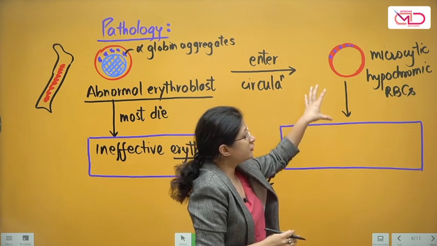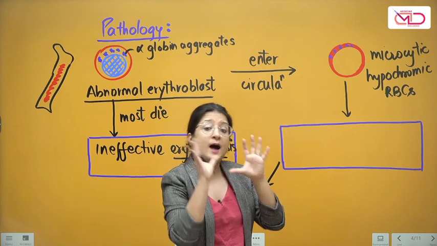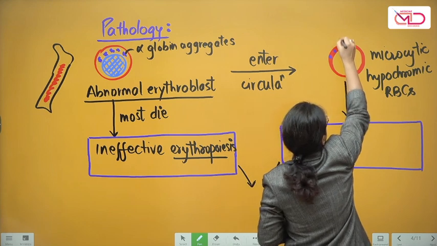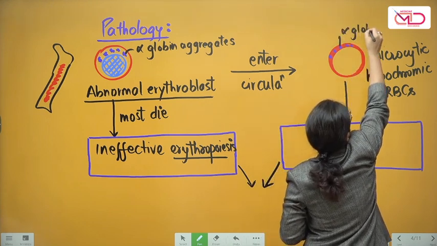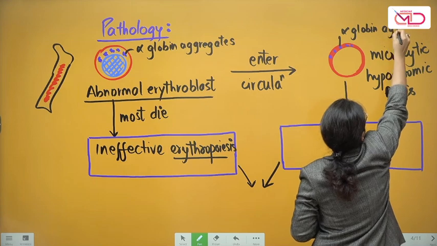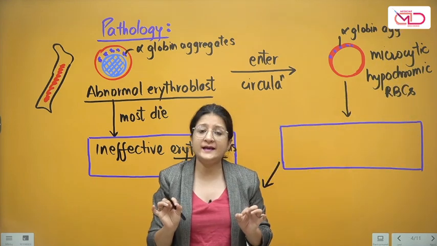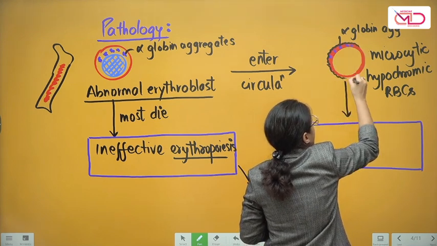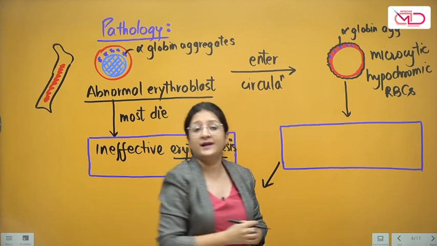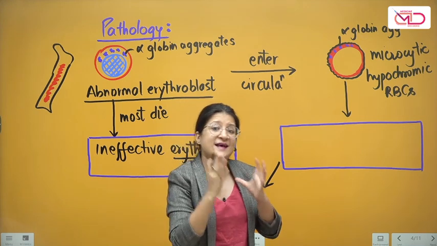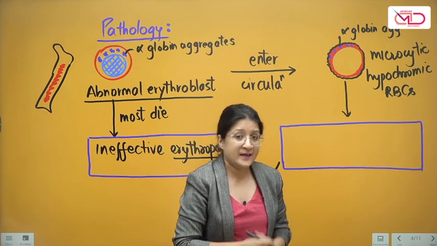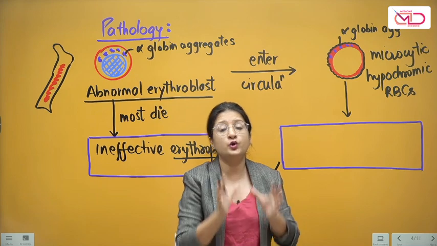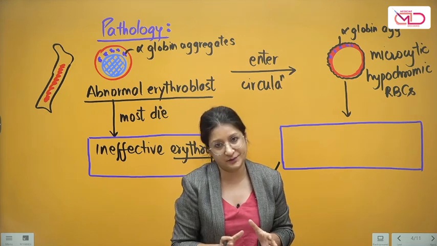Now, these microcytic hypochromic RBCs, apart from being microcytic and hypochromic, they also have these alpha globin chain aggregates in their cytosol, promoting cell membrane damage of these circulating RBCs. So, when cell membrane damage supervenes, then these erythrocytes, these RBCs, they become prone to hemolysis and destruction, right?